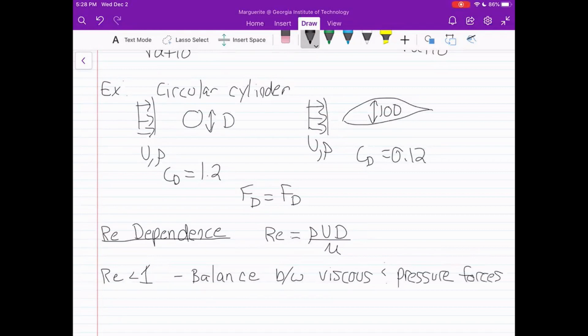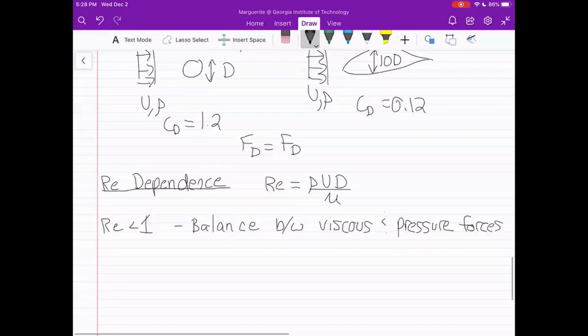A lot of times we'll say this viscous force is really small compared to our pressure force, so we'll just ignore it, or vice versa. But for low Reynolds number flows, you cannot ignore either of them. They're very similar in magnitude, so they're important to the flow.